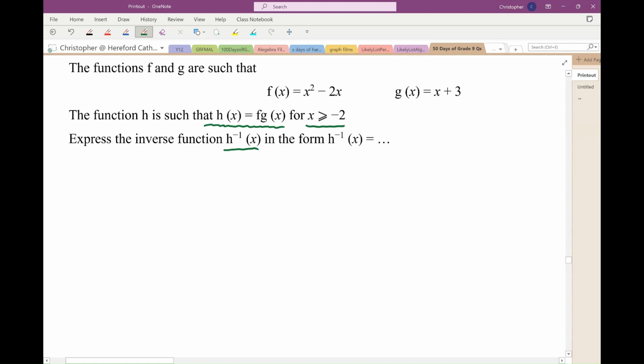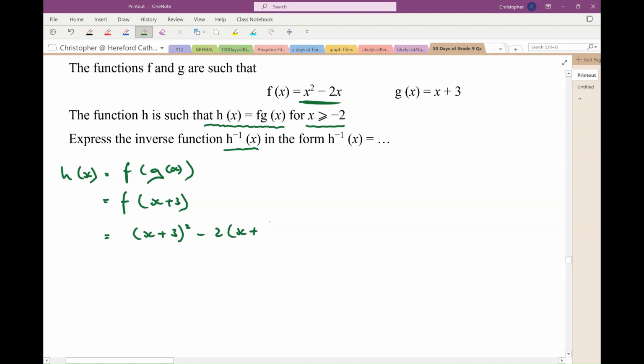Okay, so first of all, we better find out what h of x is algebraically. Now, h of x is f of g of x. So that's going to be f of, and what's g of x? x plus 3. So we need to f x plus 3. So when we f something, we square it, and we take away twice it. There we are. So let's keep going, shall we?